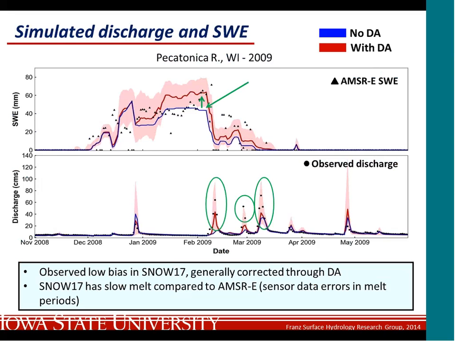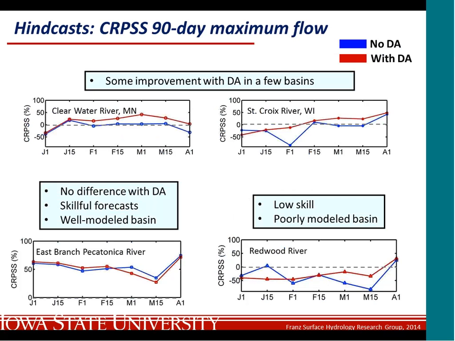And that's corroborated with the discharge data, which is shown here on the bottom. When we applied the DA, we definitely got much closer to matching these observations, which are shown here as the black dots, as opposed to the simulation that didn't use the DA, which very much underestimated all of those peaks. So again, just reiterating that we saw some pretty good improvements when we applied the DA just for simulation.